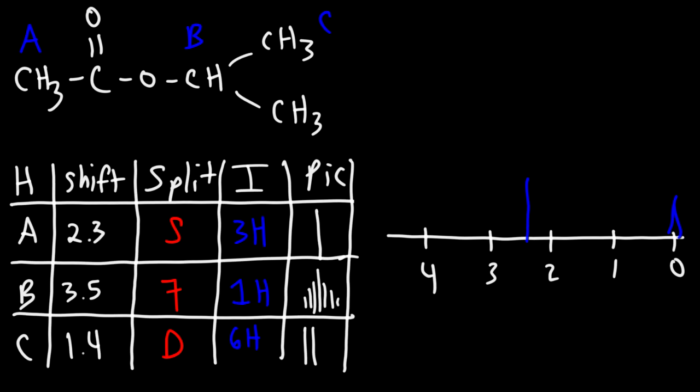And at 3.5 we have a septet. So this is going to be relatively short compared to the other signals. And then at 1.4 we have a doublet. So we're going to make this the tallest signal in the region.